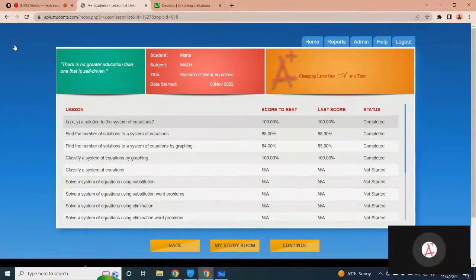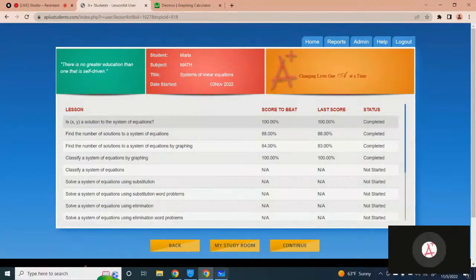Please write the question. What is the confusion?